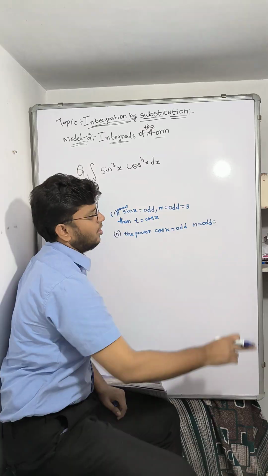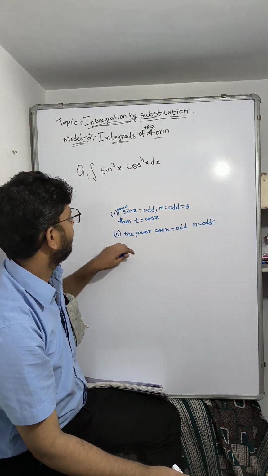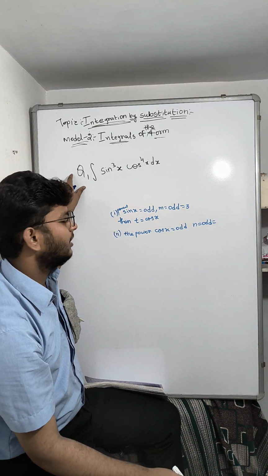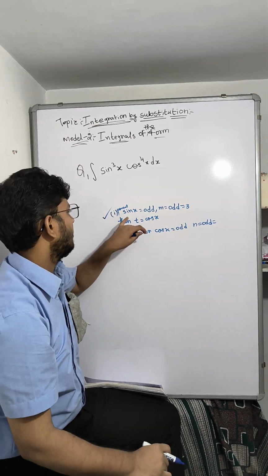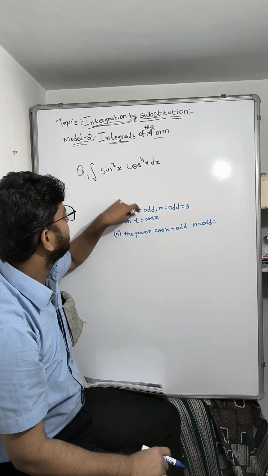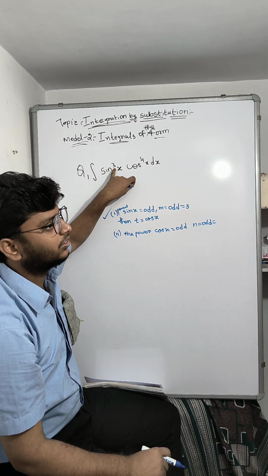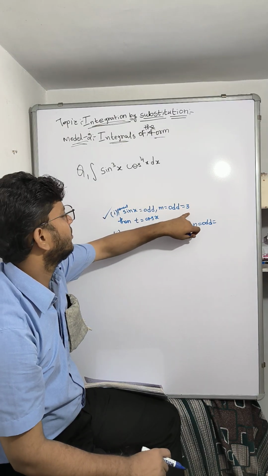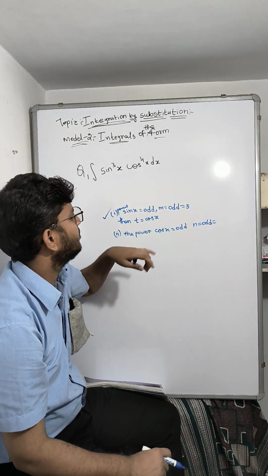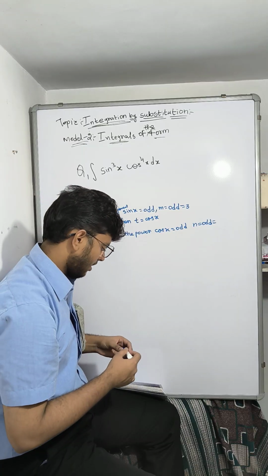No, this is not an odd number. It will not apply for this question. This only applies for this question: if the power of sin x is odd, like 1, 3, odd numbers, then m is odd, 3 is odd, then put t is equal to cos x.